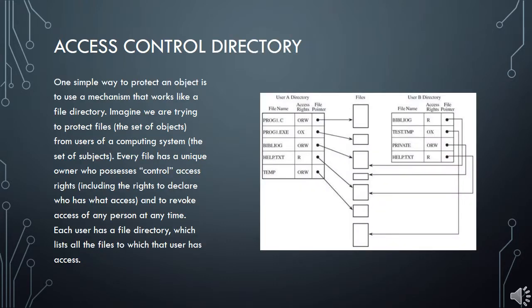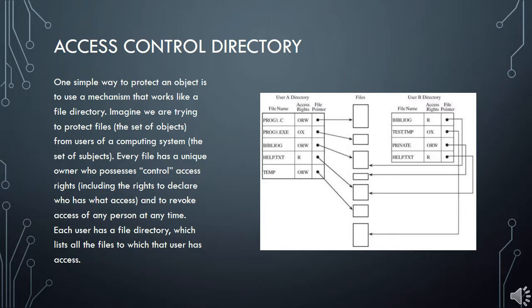In order to control the access to different files and different users, there are mainly two ways to manage them. The first is access control directory. One simple way to protect an object is to use a mechanism that works like a file directory.